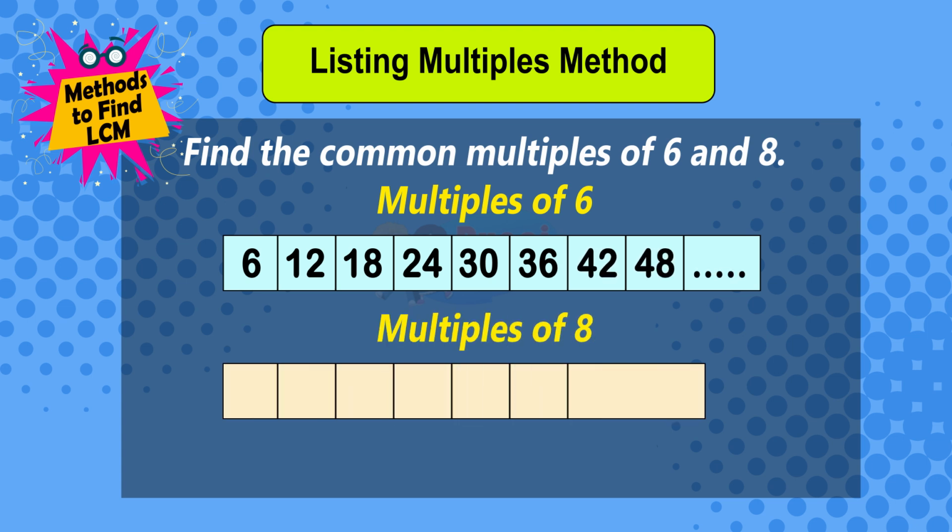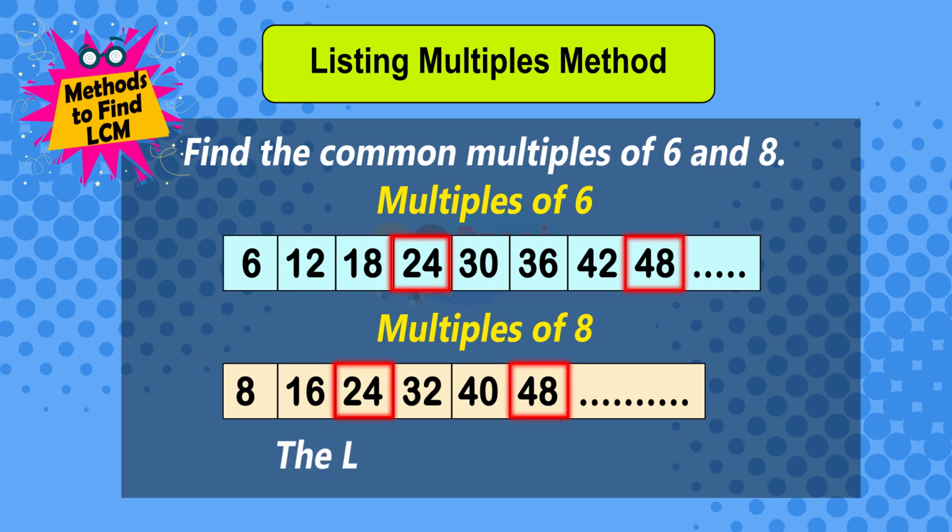Multiples of 8: 8, 16, 24, 32, 40, 48 and so on. Common multiples of 6 and 8 are 24, 48. So the LCM of 6 and 8 is 24 because it is the least of all common multiples.